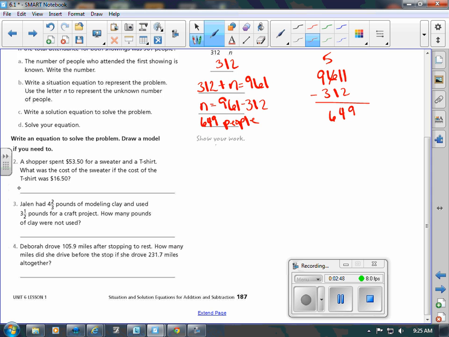So my situation equation would be $16.50 plus S for sweater equals $53.50. Okay. Well, now my solution equation then would be S equals $53.50 minus $16.50. Okay. And then when I solve that out, S equals $37.